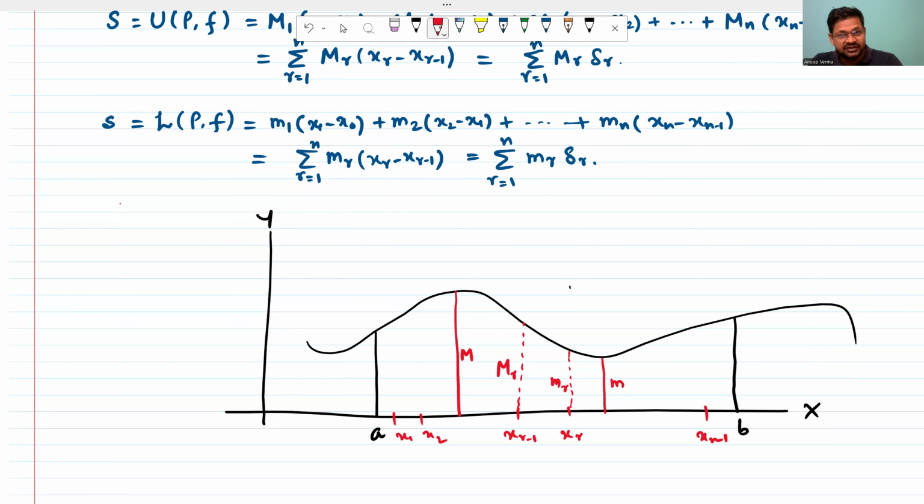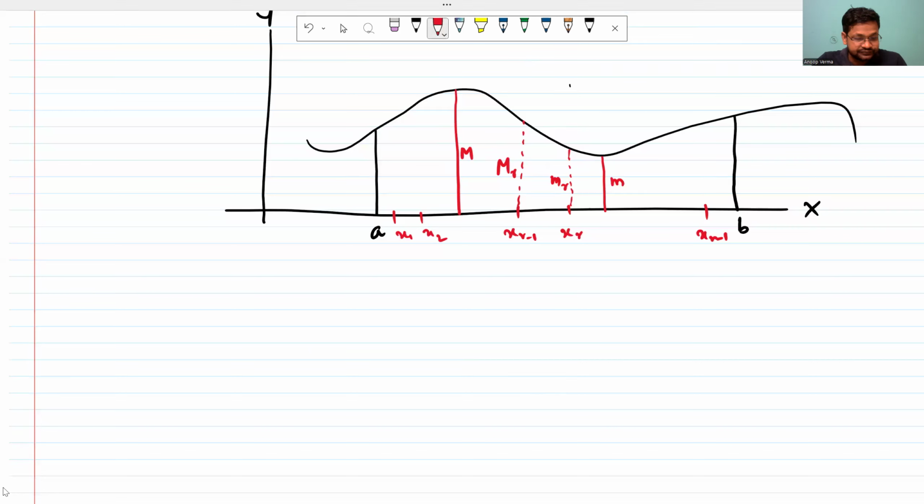For each partition the sum will be different. Okay, so you can just write here, and that's the name of this, your Riemann sum.